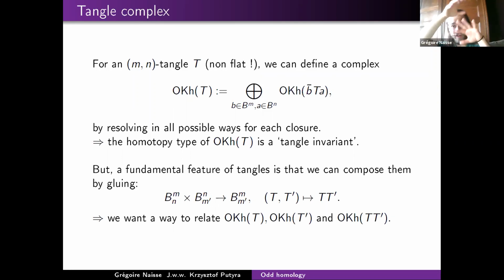Whenever you have two tangles with the same number of ending points and starting points, you can glue them together and get a bigger tangle. And somehow you would like to also see this at the level of the invariant. So when you compose two tangles, you would like to be able to relate the complexes you get from one tangle, the other, and the composition.